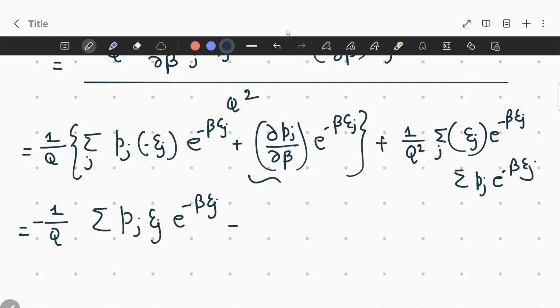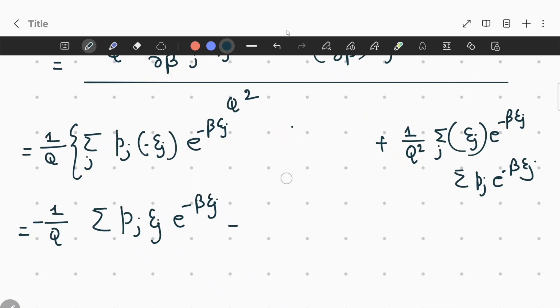This term will not be there, I think. Just see, this term will not be there. My Pj is not a function of beta, right? Ej was also not a function of beta. So how can Pj be a function of beta?